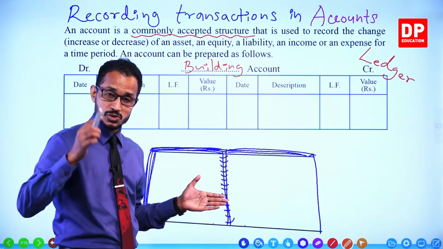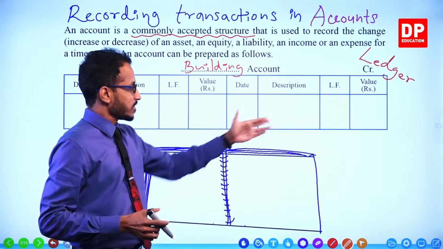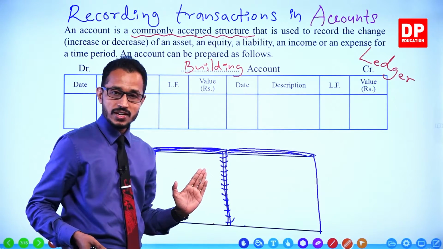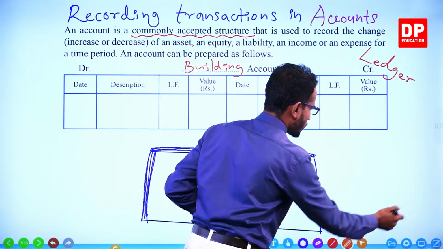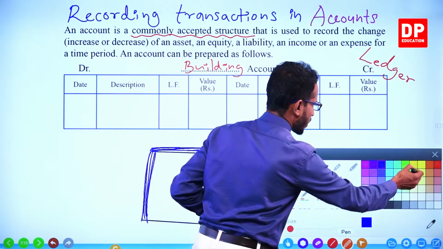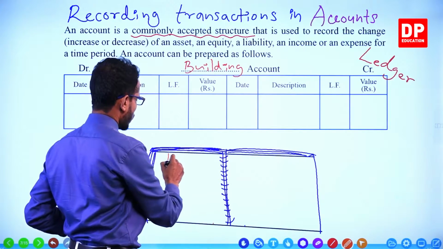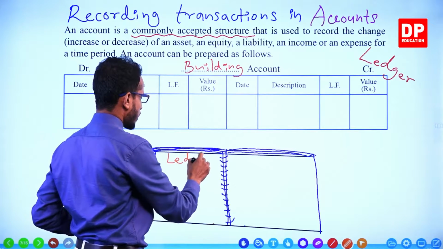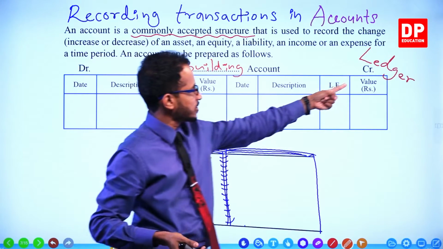These books which were used to draw these accounts were named ledger books. The name of these books was ledger books, right? So now you can guess why the accounts are known as ledger accounts.